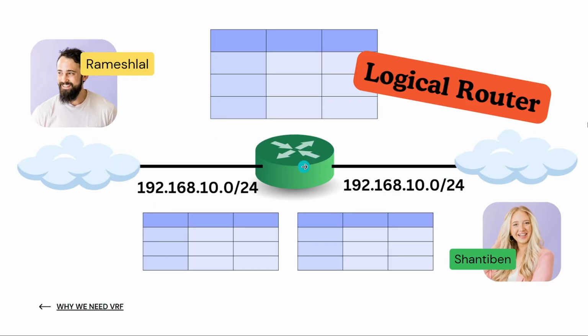So if we talk about a live example, yes, it is applicable and companies are using these VRFs. And if we talk about VPNs, they also come in. The concept of VPN also starts from VRF. So if somebody wants to provide VPNs, they must be aware of VRFs.